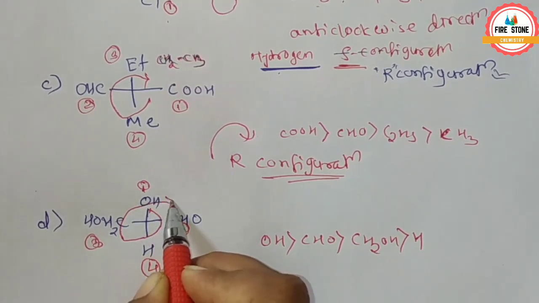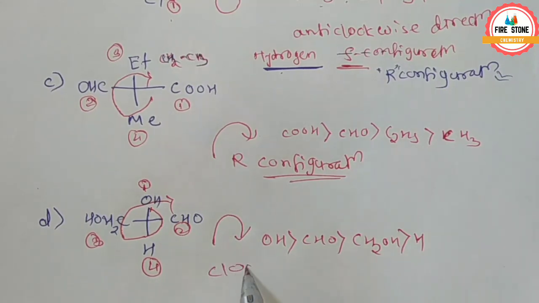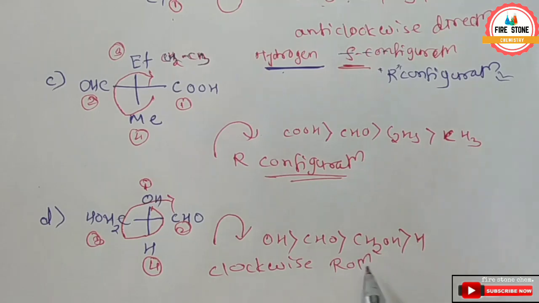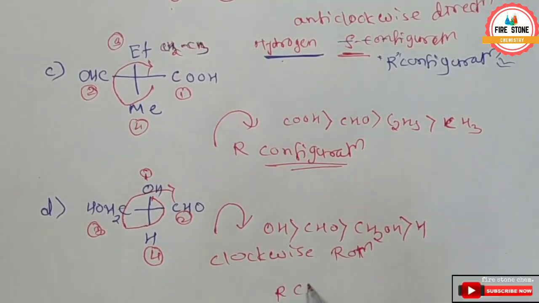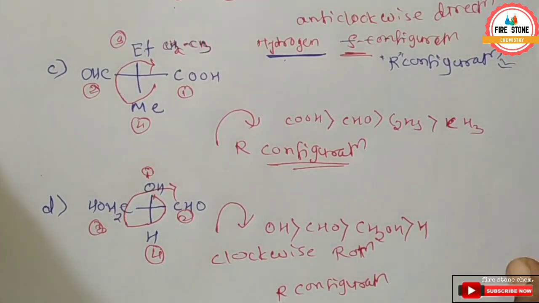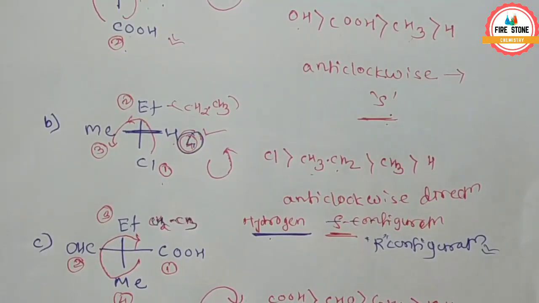So here again clockwise rotation. So here again R configuration of this compound. So here in the options there are 3 with R configuration.